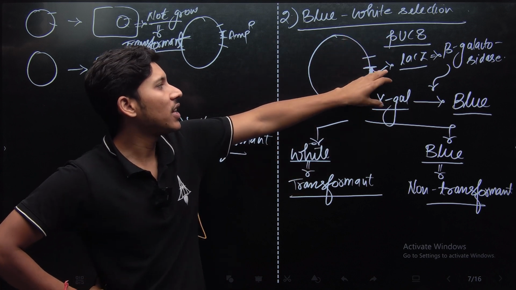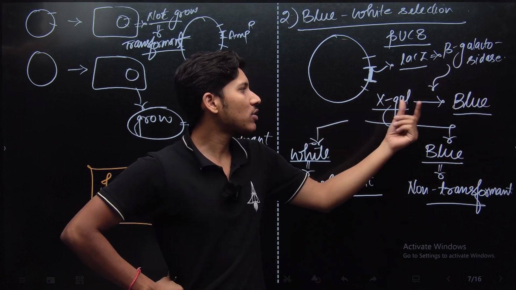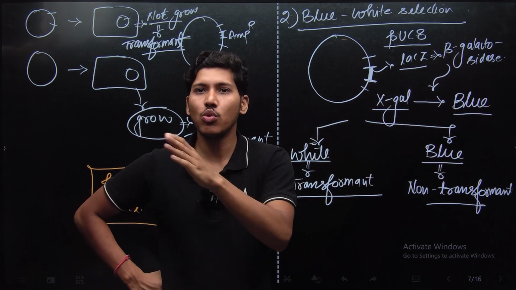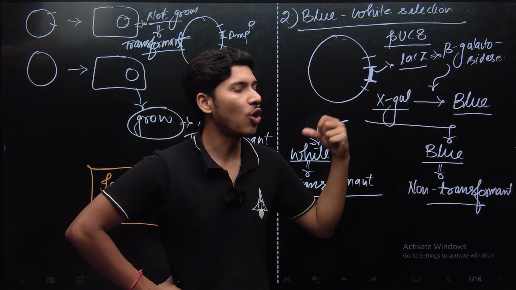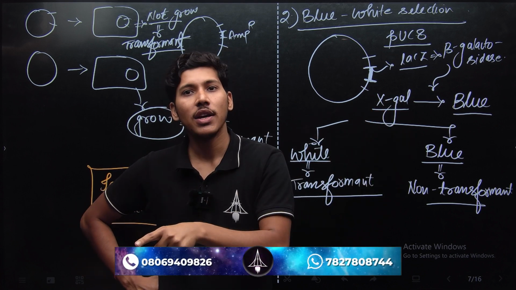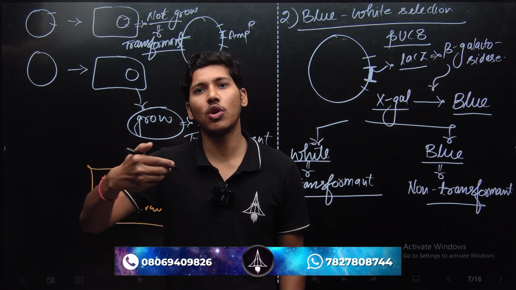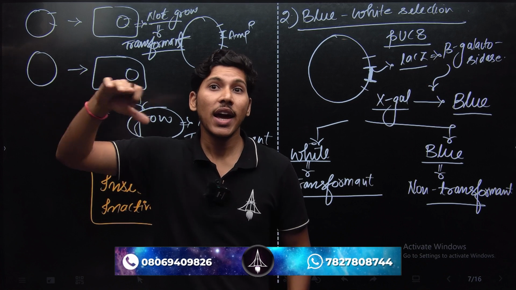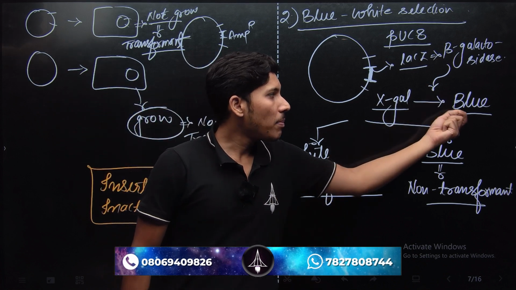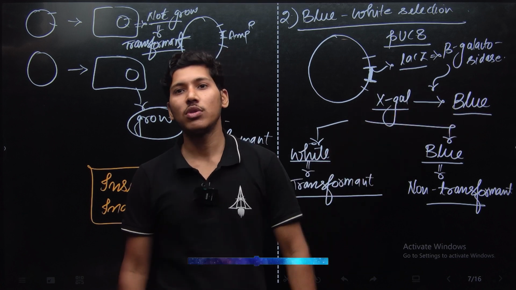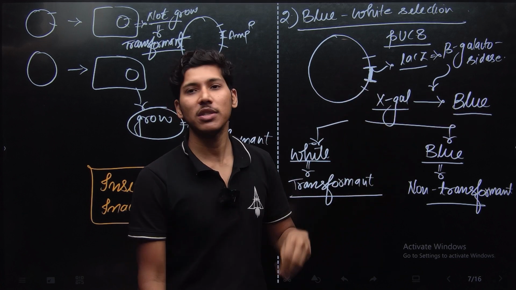This lacZ gene codes for an enzyme known as beta-galactosidase, and this beta-galactosidase breaks lactose into glucose and galactose, but it is also specific to another substrate known as X-gal. It also catabolizes X-gal to produce some constituents, and it produces a byproduct which gives blue color to the cell in which this plasmid is present.